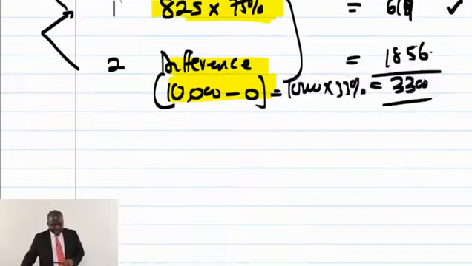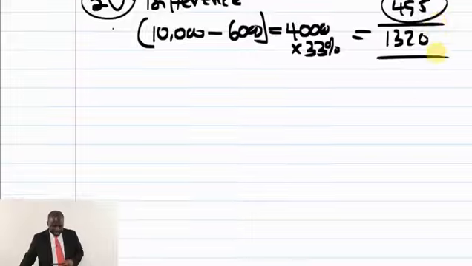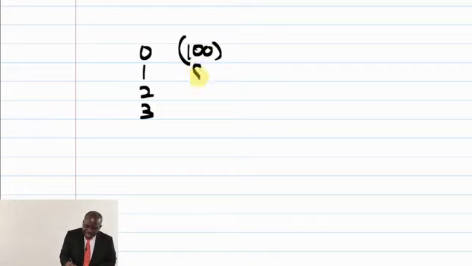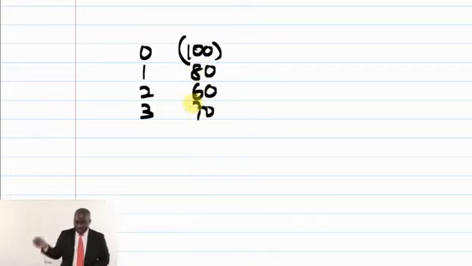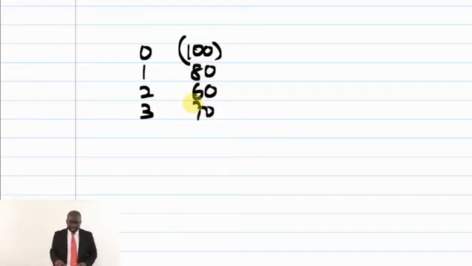Okay, so this is the reinvestment assumption. Let me illustrate for you to understand it. If there's a project with year 0, year 1, year 2, year 3, and I put in 100, in year 1 I get 80, year 2 I get, whatever, 60, 70. I'm just creating it for illustration.